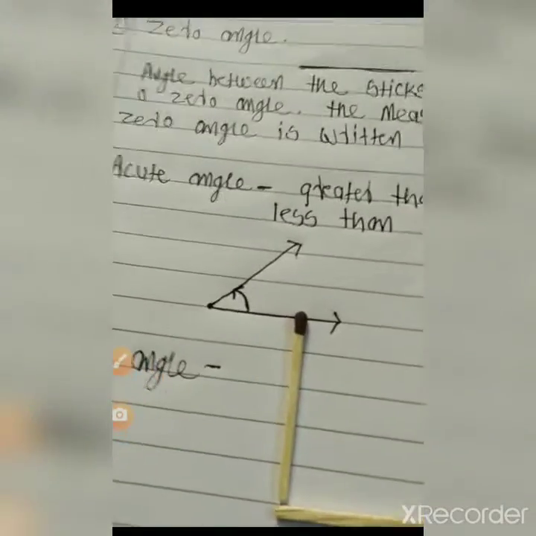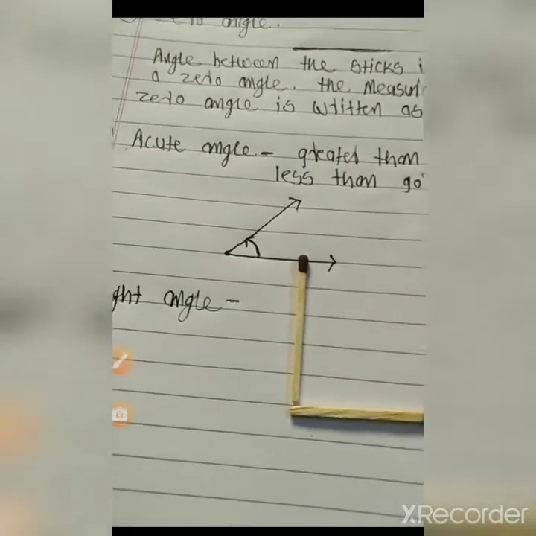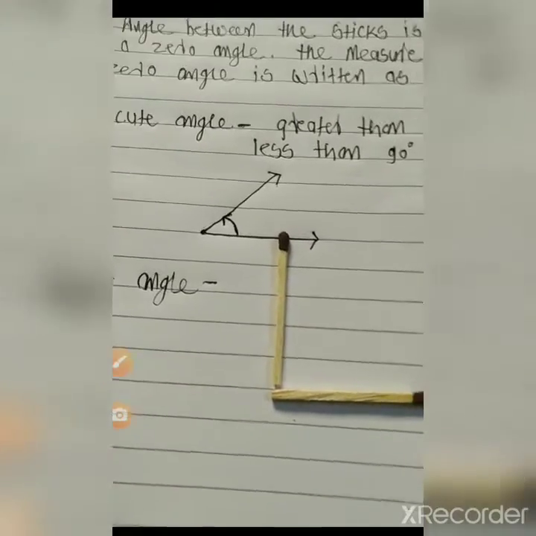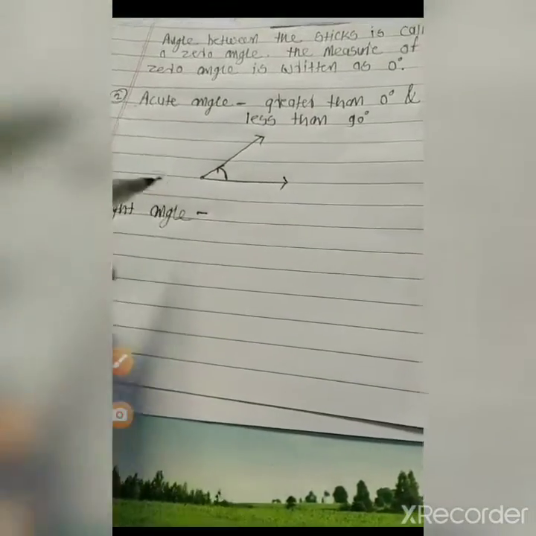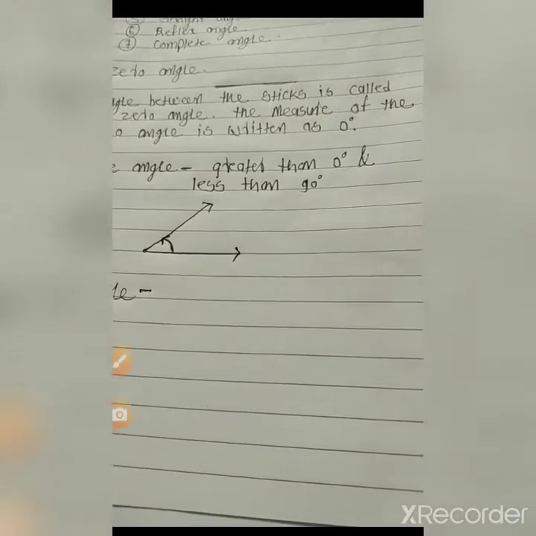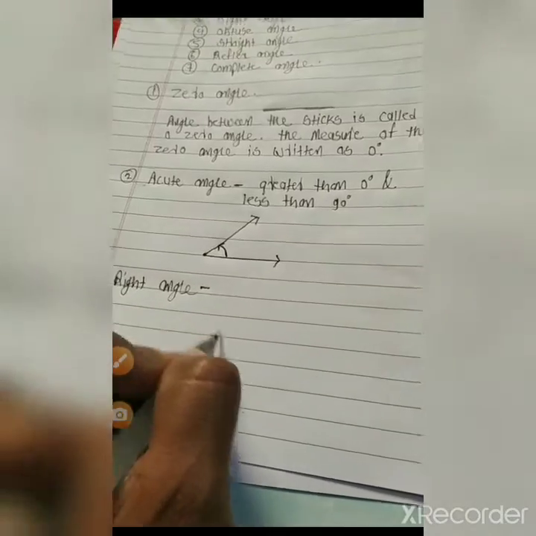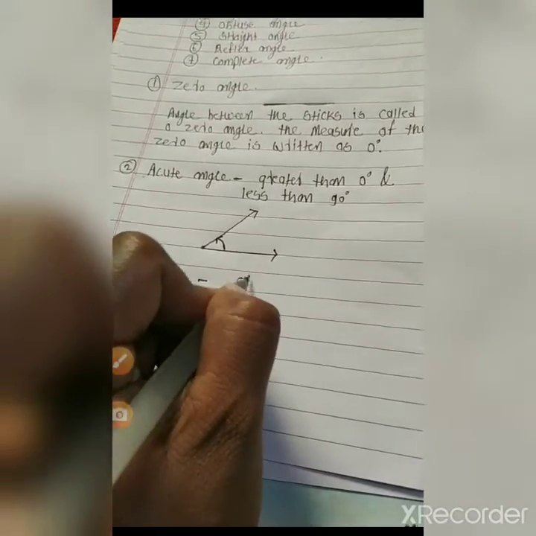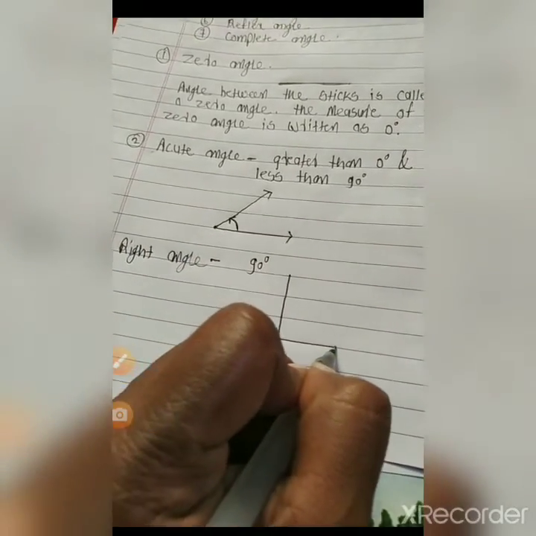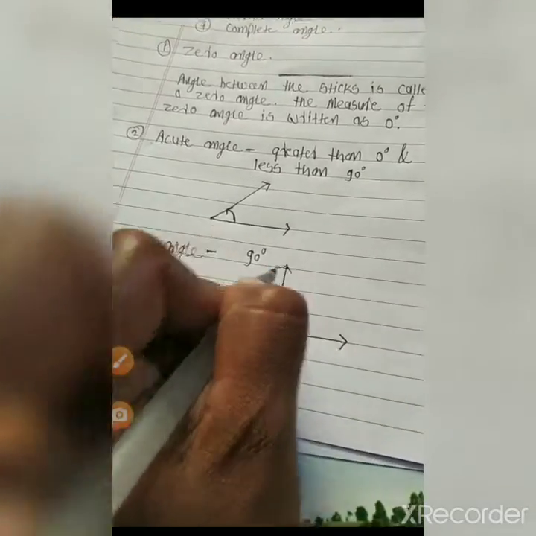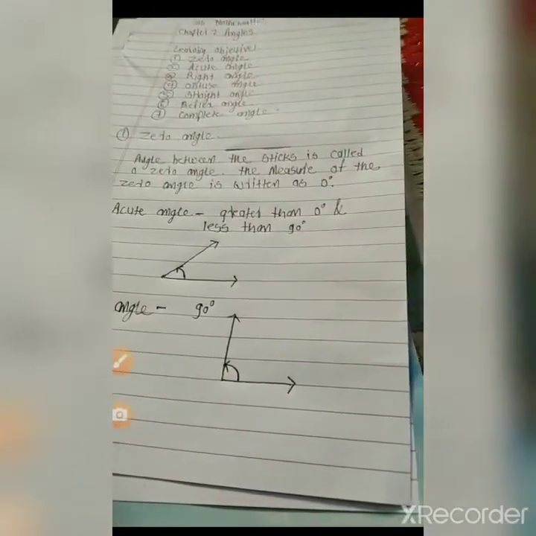The angle between these two sticks is 90 degree, then that angle is called a right angle and it is denoted by 90 degree. The figure is like this. This angle is of 90 degree, that is a right angle.